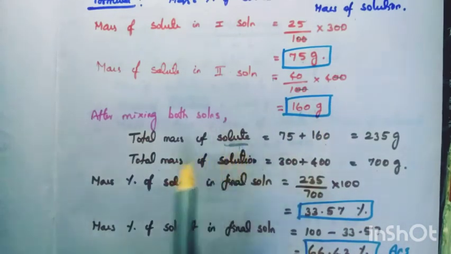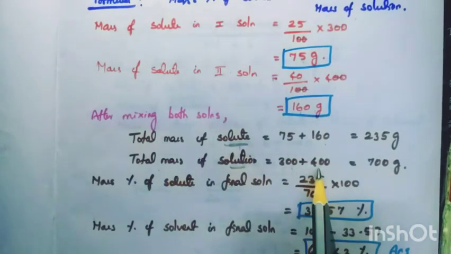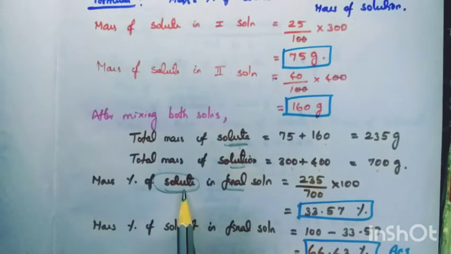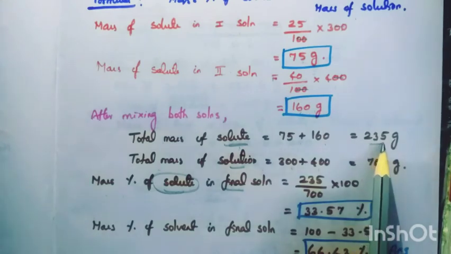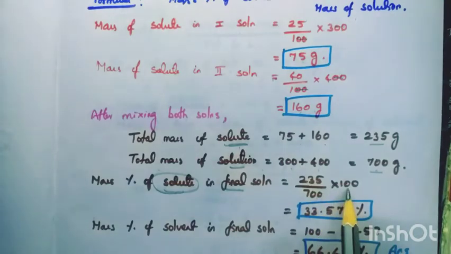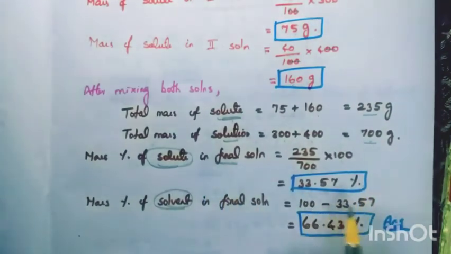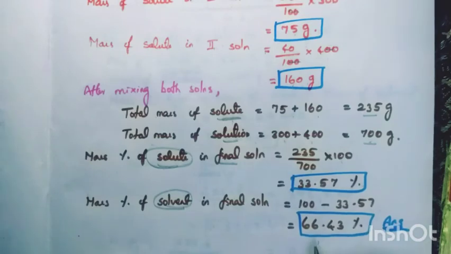The total solute is 235 gram, and the total solution is 700, into 100 for percentage. So this is the solute percentage. If we know the solute percentage, the solvent is 100 minus 33.57. So this is the mass percentage of the solute and solvent of the resulting solution.